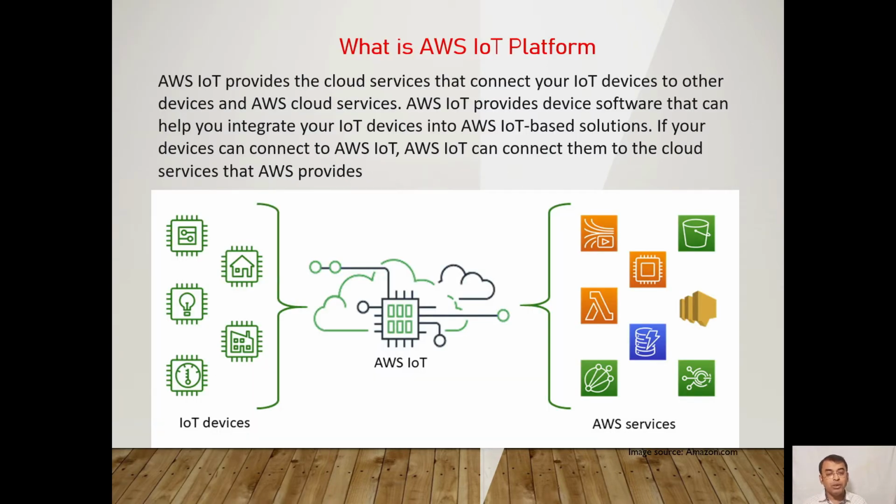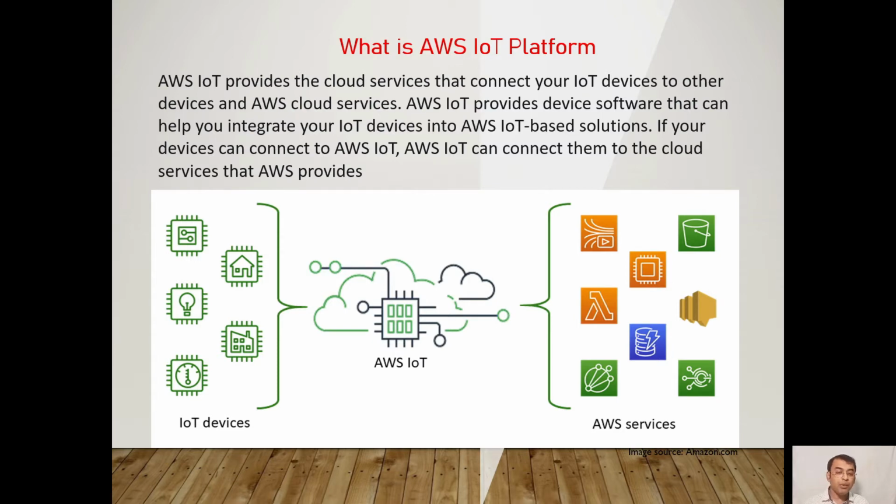What is the AWS IoT platform? It is a cloud platform where you can build your IoT application. That means you can connect your IoT device with other devices as well as the AWS cloud. AWS IoT provides cloud services that connect your IoT devices to other devices and AWS cloud services.